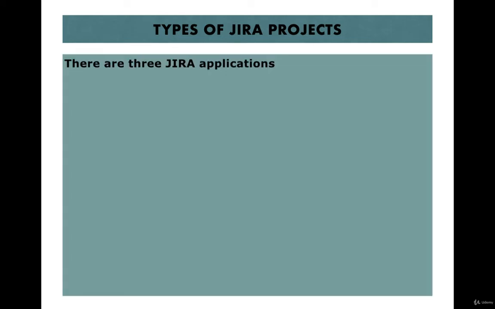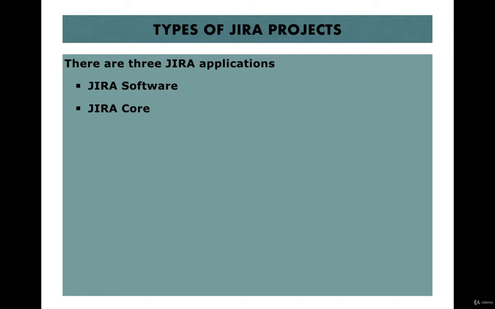Before we go ahead and see different Jira projects, let's see what the different Jira applications available are. What are the product offerings from Atlassian for Jira? The first is Jira Software, which is a combination of Jira Core as well as Jira Agile. It supports software development or agile development methodology along with the Jira Core feature.